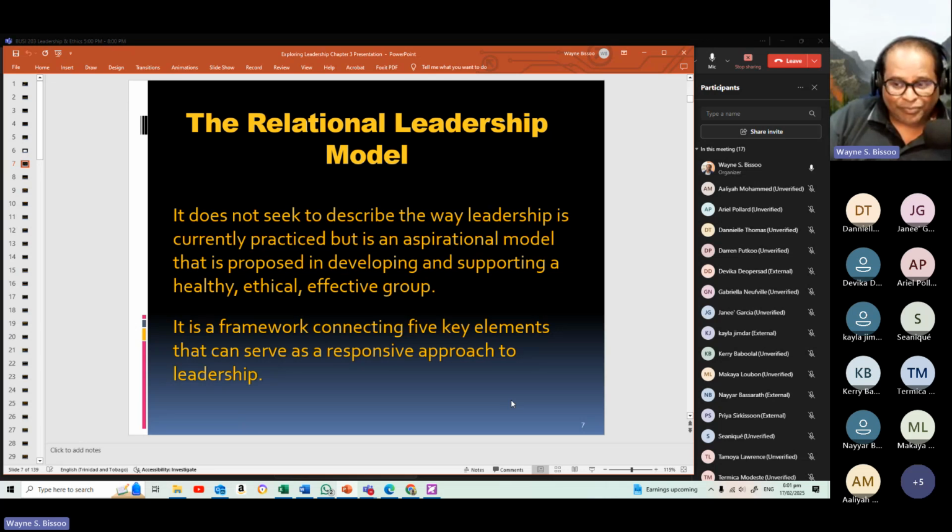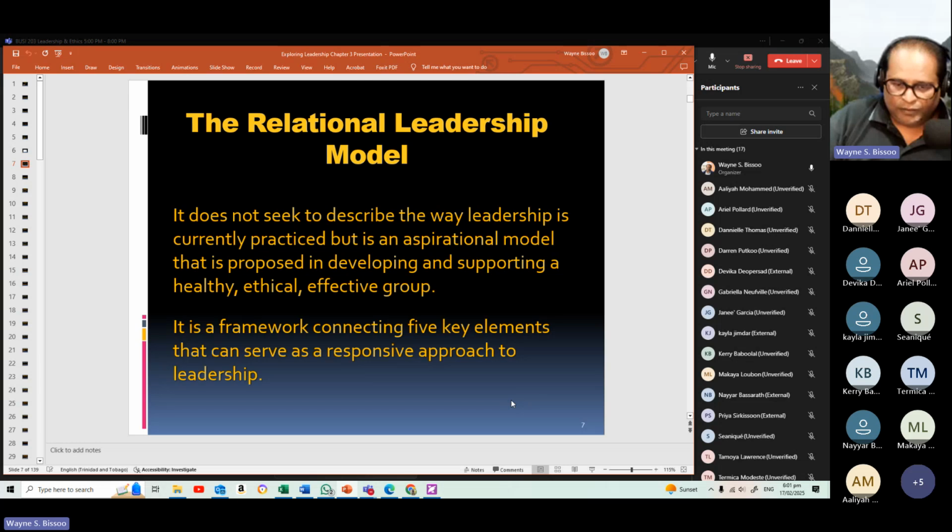So there are lots of things I hope that when we finish looking at this model, by the time we get to the end of the semester, you will know different things you might want to see from leadership in a general sense. It doesn't matter if it's government, but also in the school systems, where you work, and ultimately where you will eventually become a leader.